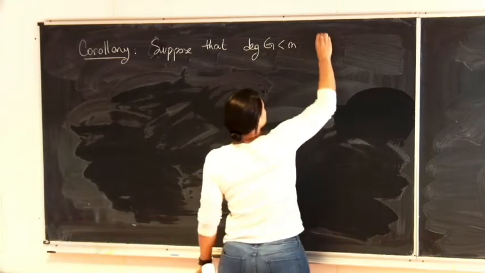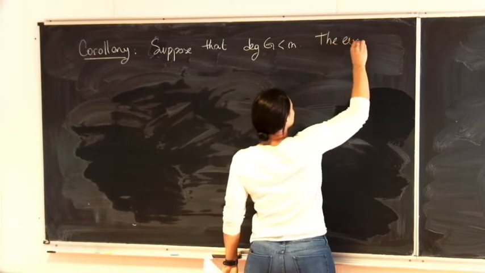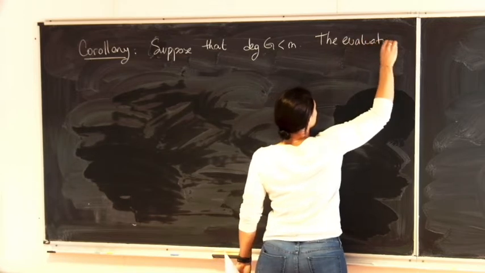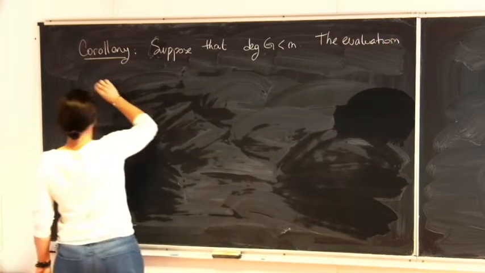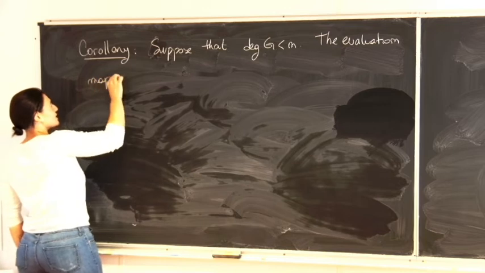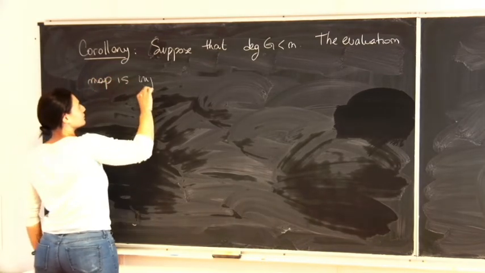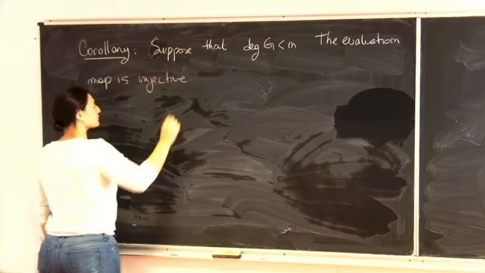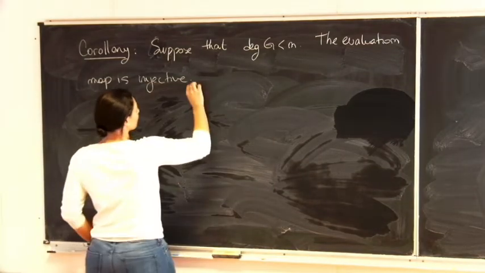So in this case, the evaluation map is injective, and we have the following.